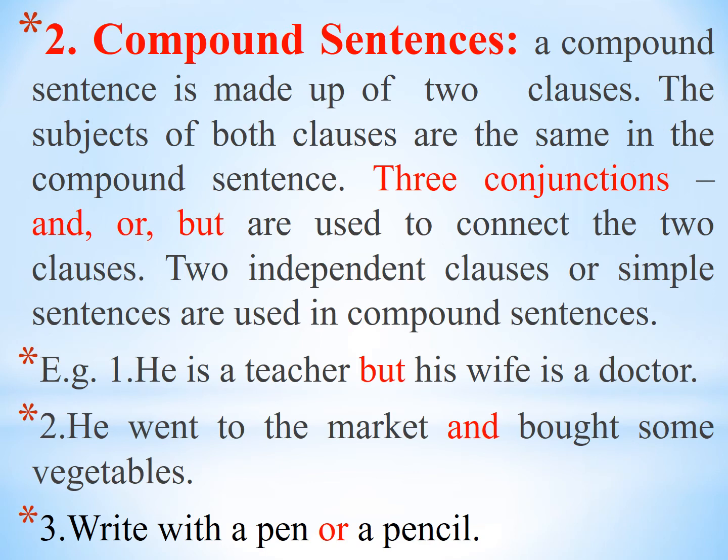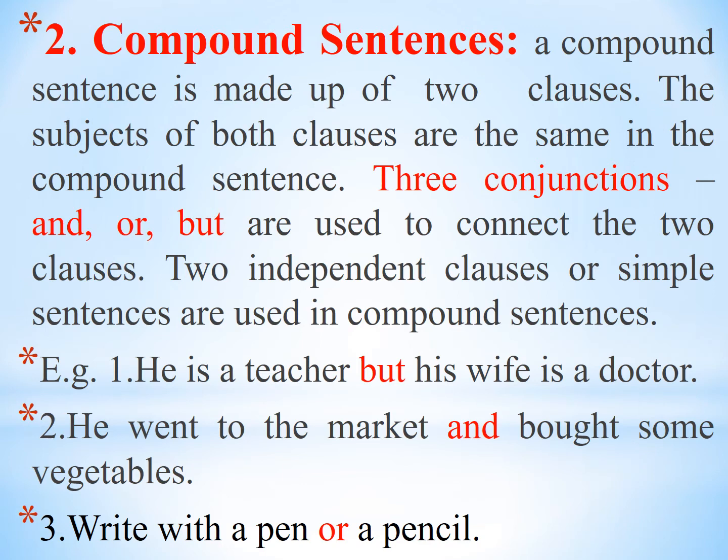Second example, he went to the market. This is first clause, independent clause, and bought some vegetables. And conjunction is used to join or connect two independent clauses. He went to the market. It is independent clause. He is a subject, went is verb.